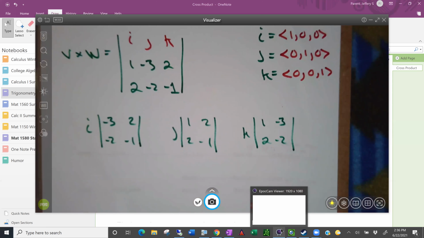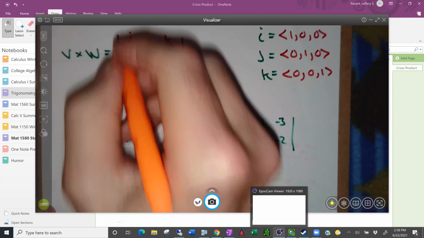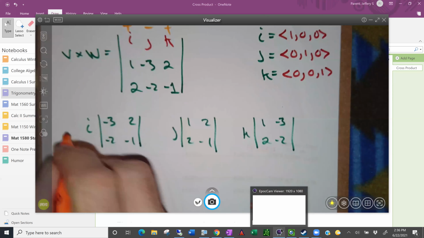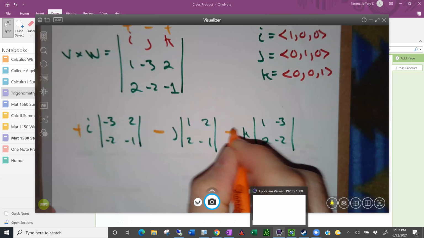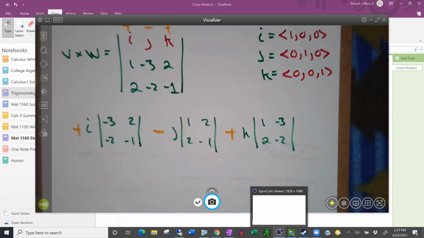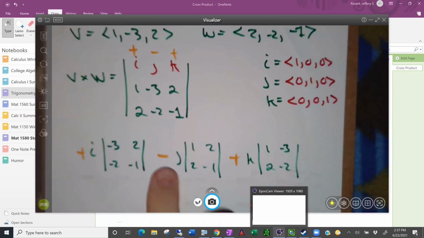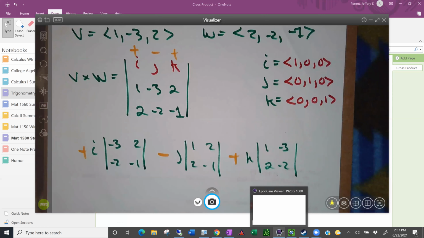The one thing that I haven't told you is how to combine these things yet. And it always follows the same pattern: plus, minus, plus. That's what goes between them. And really all that it amounts to is a fancy way of remembering that the middle term is going to be negative there.